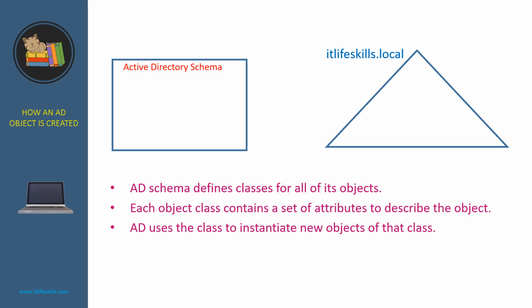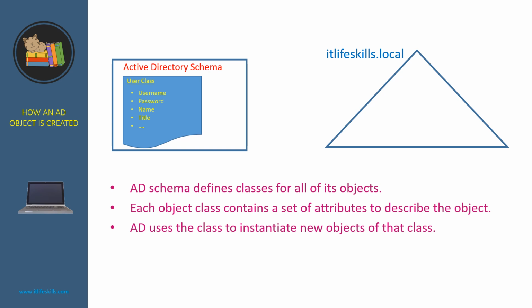For example, in the Active Directory schema for the forest that contains the it-lifeskills.local, we have the user class, which contains the set of attributes over here to describe the user object.